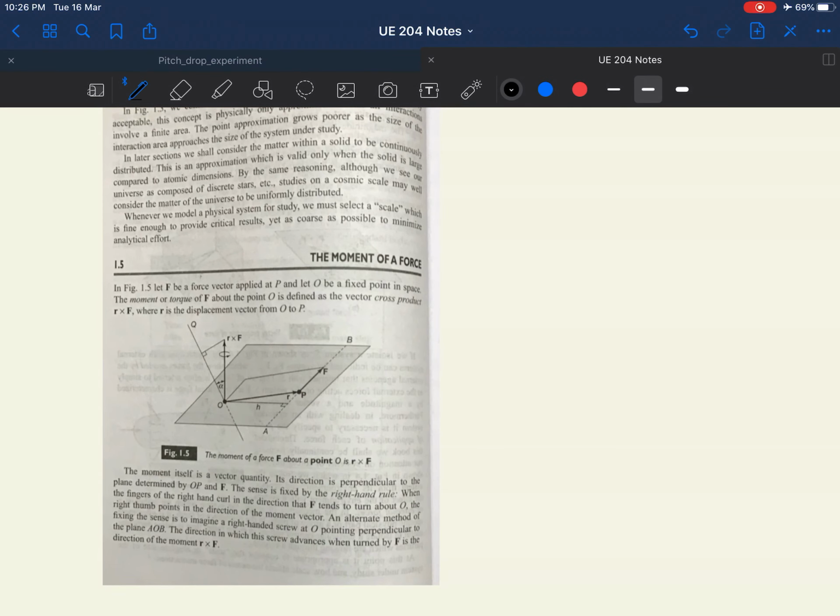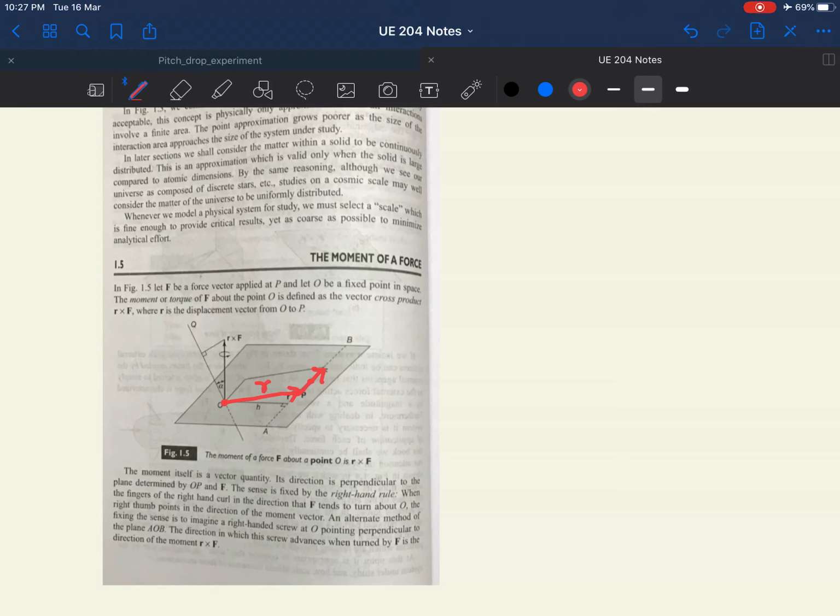The moment of a force about a point, so the moment of a force is defined. This is revision stuff for you, I hope, but still we are going over it. So here we are discussing the moment of a force about a point O, and this is the line of action of the force here. And to find that out, all you need to do is to just create an arbitrary point on this line of action, and find the moment arm.